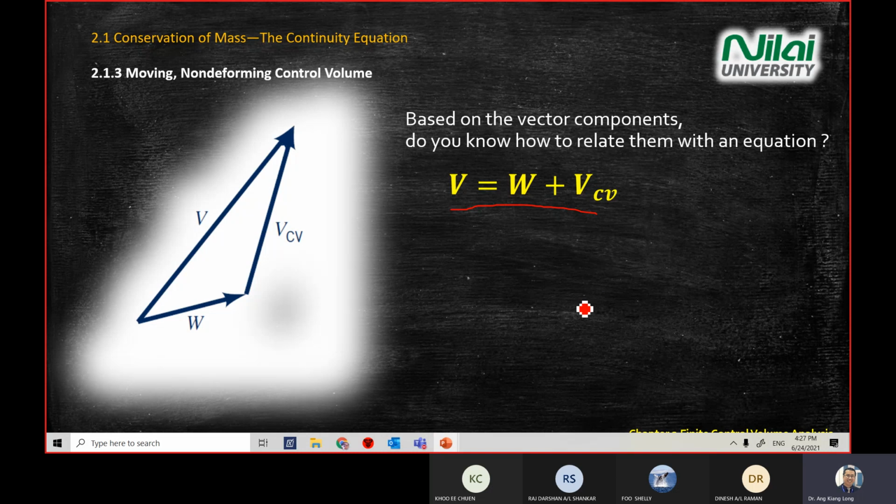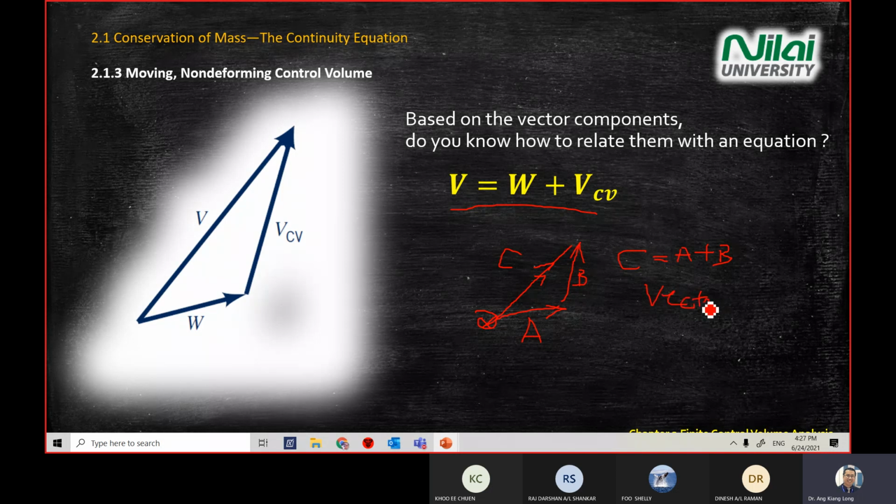If you are drawing a vector, for example vector A, continuing with vector B, let's say you have 2 vectors. The resultant from A and B will give you C. So vector C will be equal to A plus B. This falls under the vector chapter.